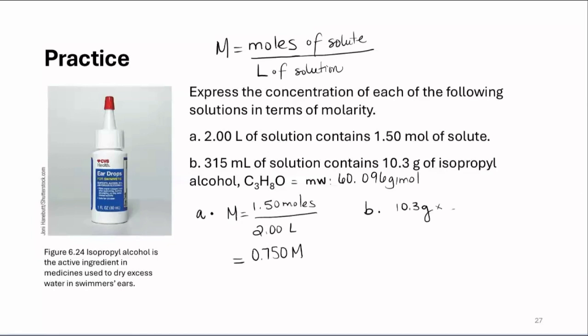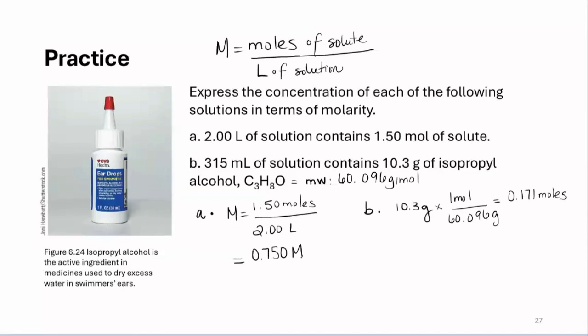So if I take 10.3 and I divide it by 60.096 grams in 1 mole, then I can change my solute into moles. 10.3 divided by 60.096. That means that this is going to be 0.171 moles of our solute, which is isopropyl alcohol.